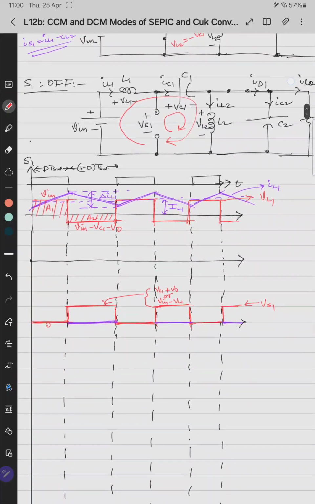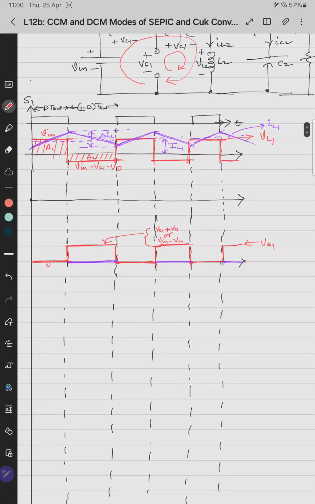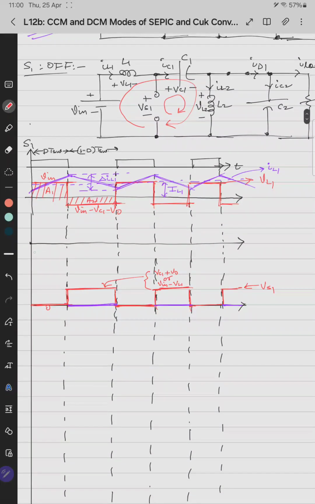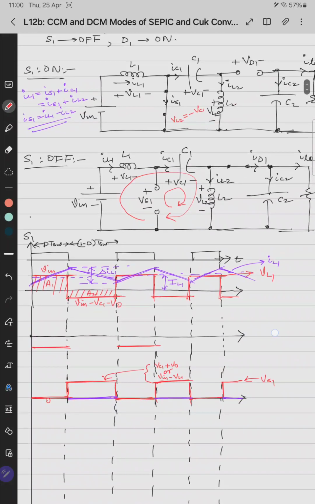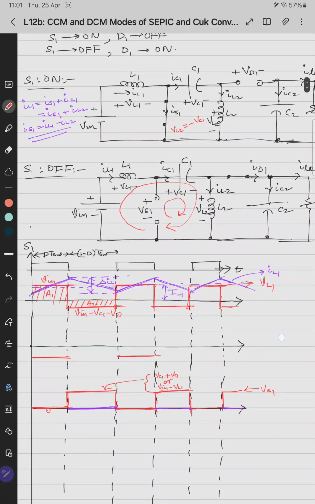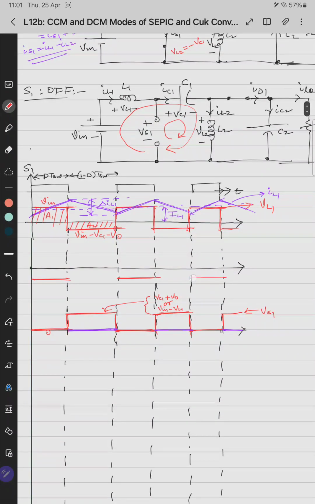We'll assume that Vc1 is positive, so it is some negative value. When the switch is on, it is minus Vc1. Yes, this is minus Vc1.